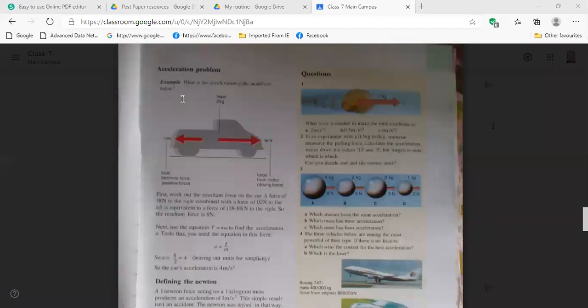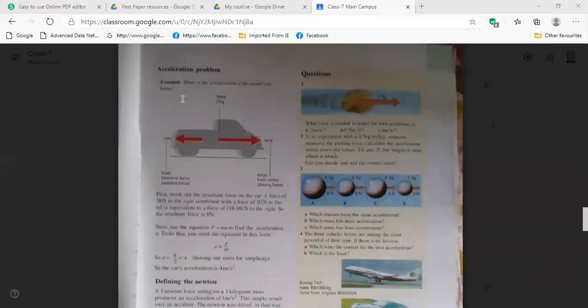So the resultant force is 8 Newton. Next, use the equation F equals ma to find the acceleration a. To do this, you need the equation in this form: a equals F by m. So a equals 8 by 2 equals 4, leaving out units for simplicity. So the car's acceleration is 4 meter per second square.